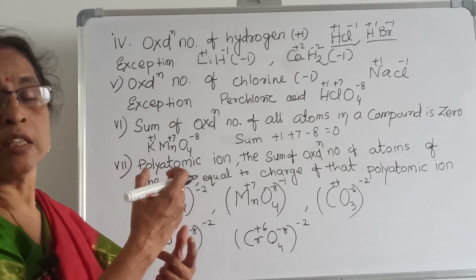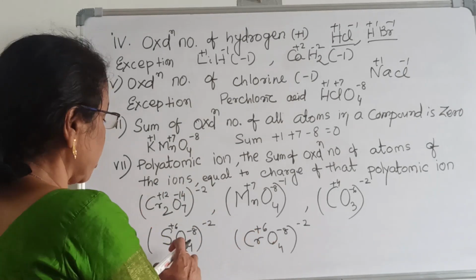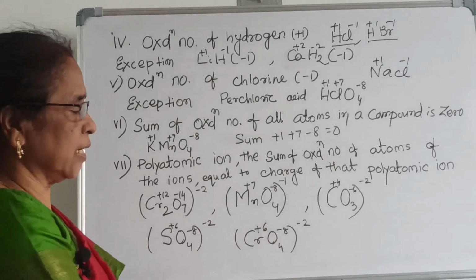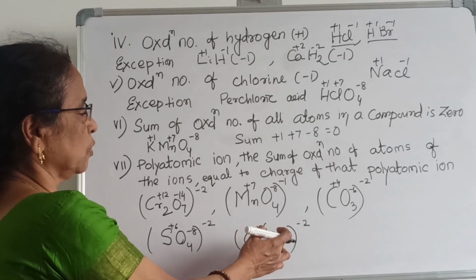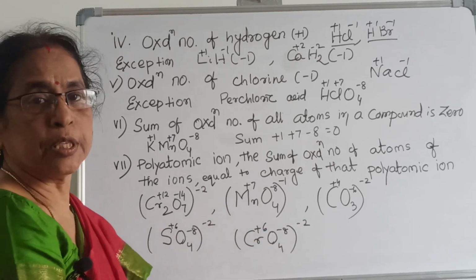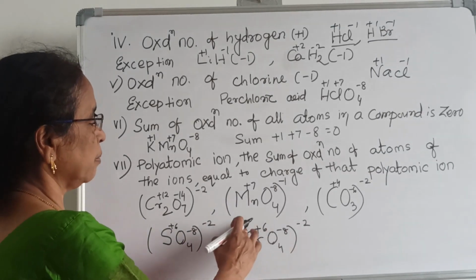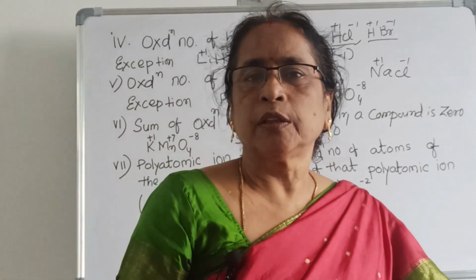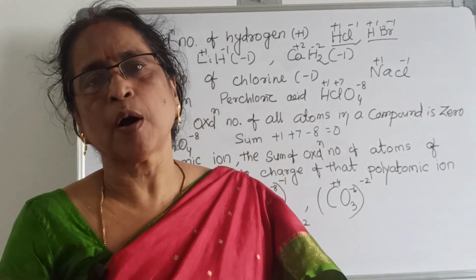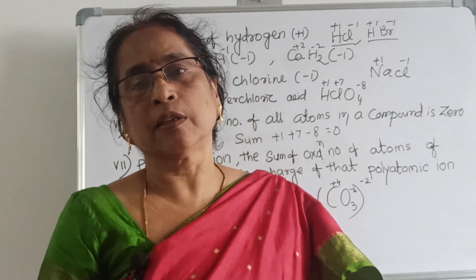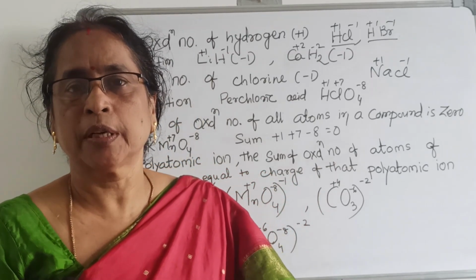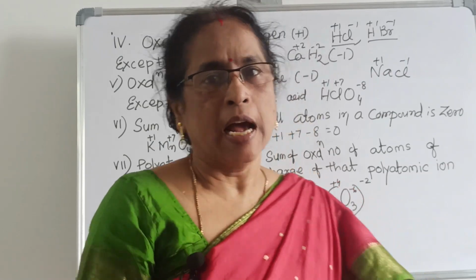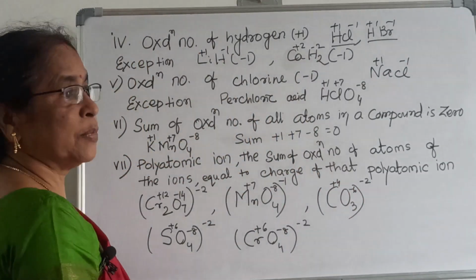Chromate, here 4 into minus 2, minus 8, chromium is plus 6, and the sum becomes minus 2. Similarly, you can calculate the oxidation number of any atom in any compound or polyatomic ion. Next we will see what the stock number is.